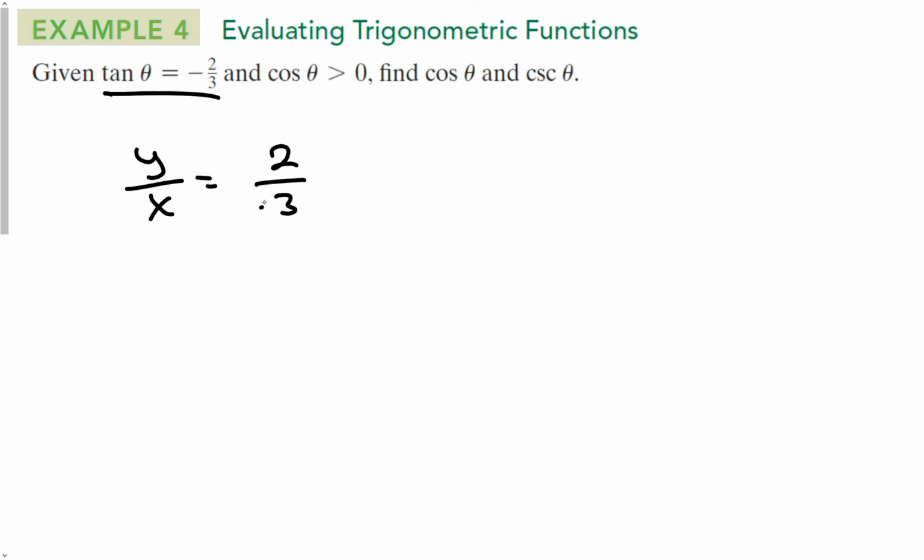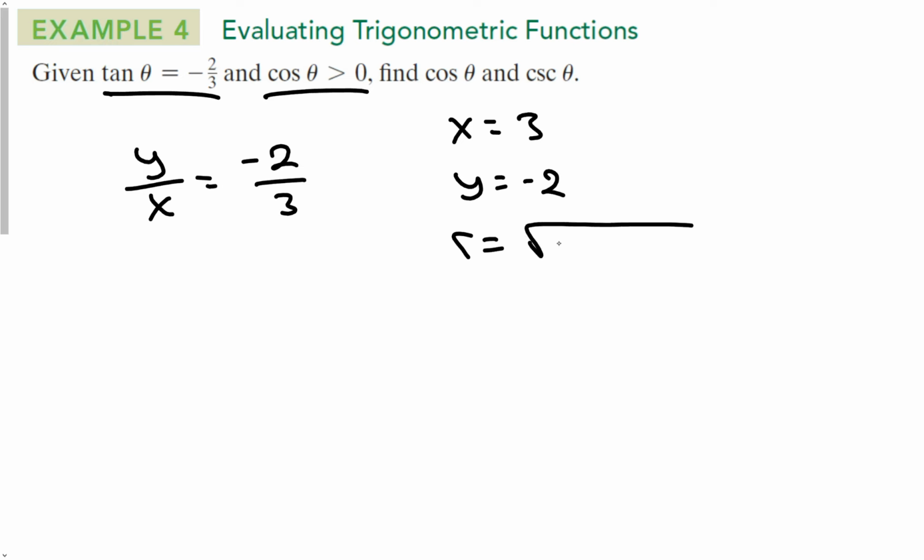And I know that the 2 is the negative and not the 3, because cosine represents the x coordinate, x over r. So I know that x is going to be a positive 3, y is going to be a negative 2. Now I need to find the radius, which I get by just doing negative 2 squared plus 3 squared.